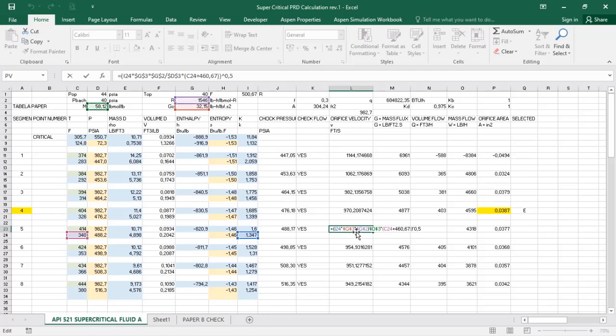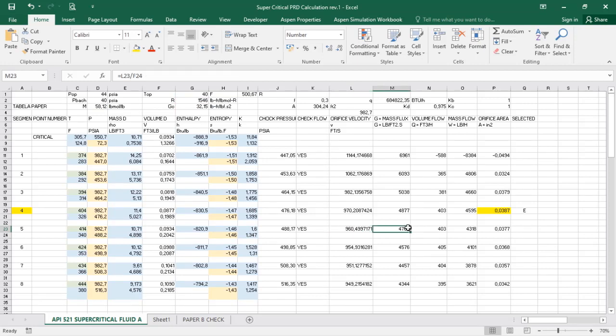Based on that, we perform the calculation of the orifice velocity, which will be used to do the calculation of the mass flux. So the orifice velocity divided by the specific volume at choked condition will lead to my mass flux at choked condition.